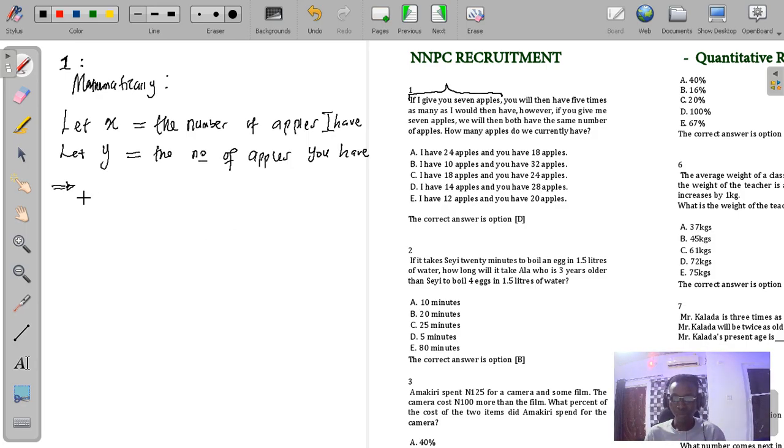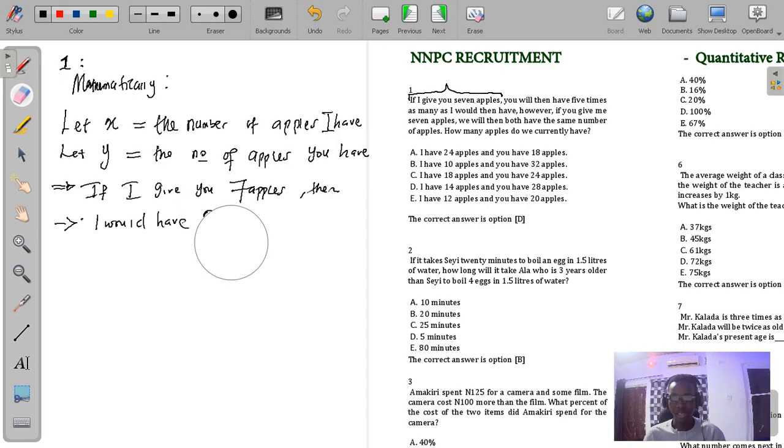If I give you 7 apples based on this first statement, or will I say first sentence? All right. If I give you 7 apples, then mathematically speaking, I can write it as, that means I would have X. Guys, please hold on.